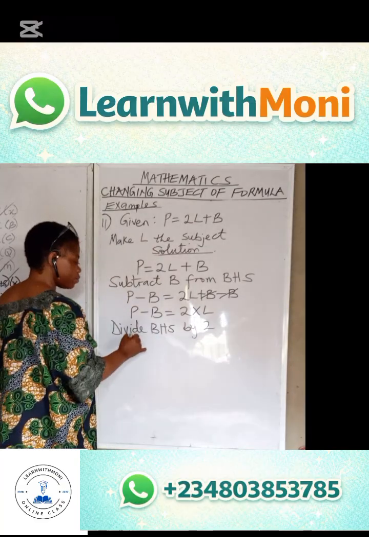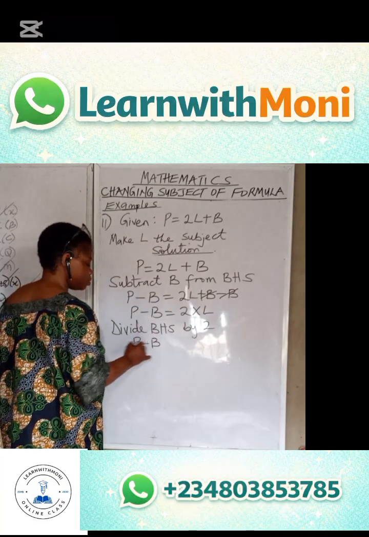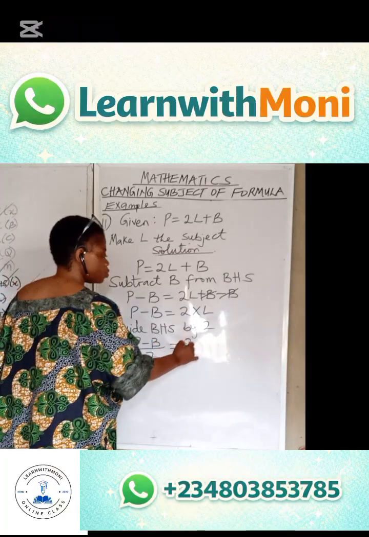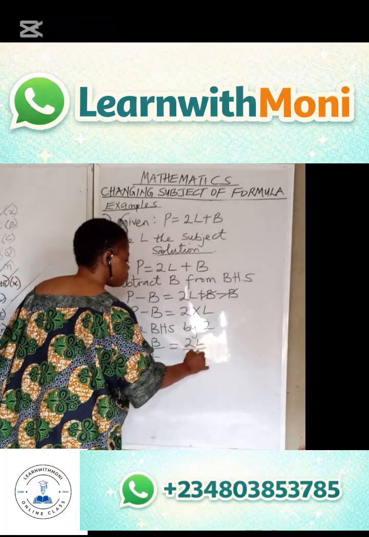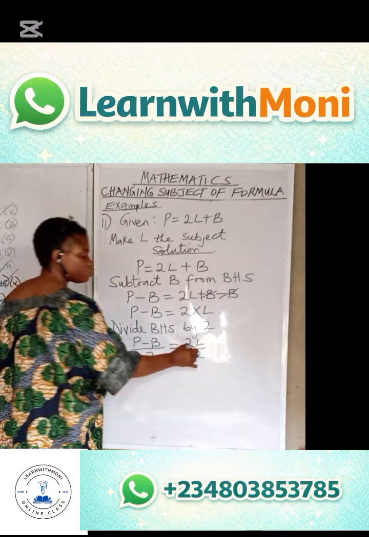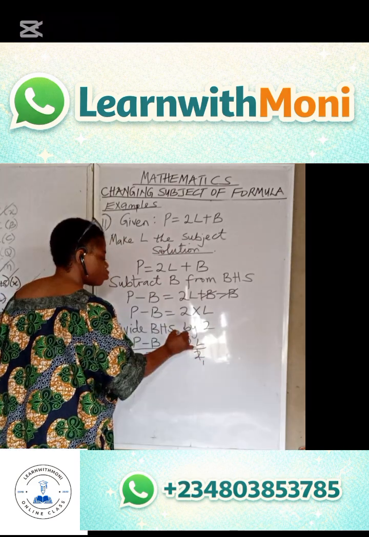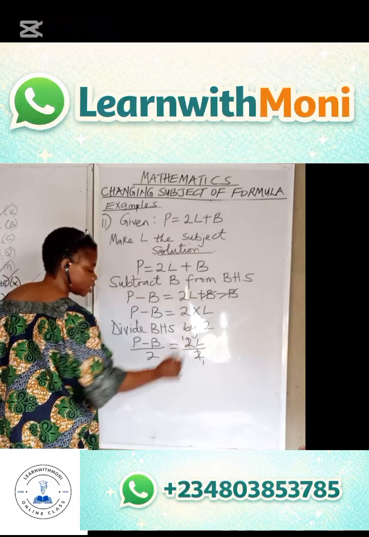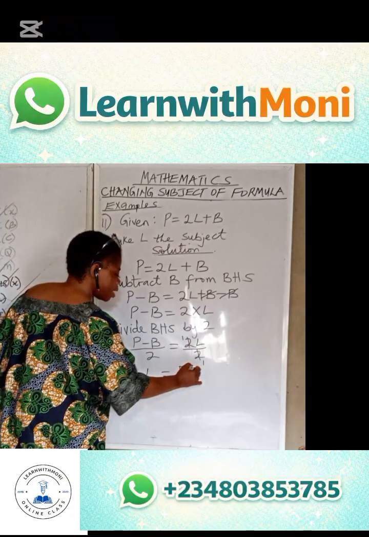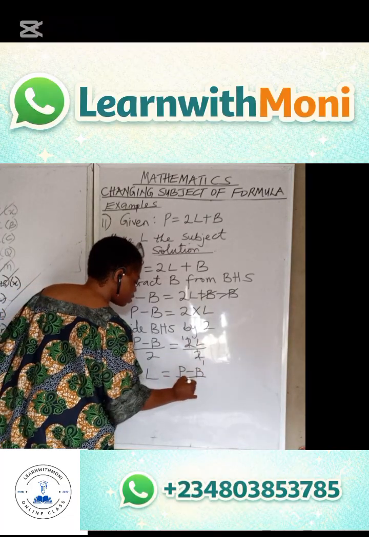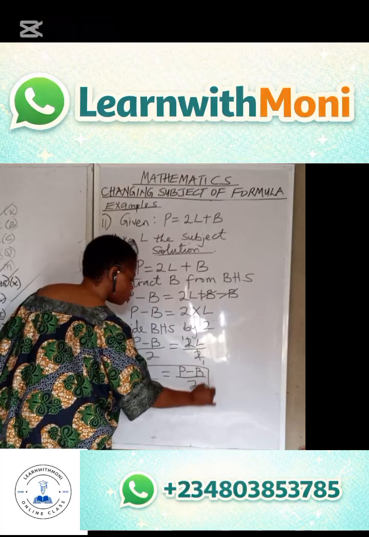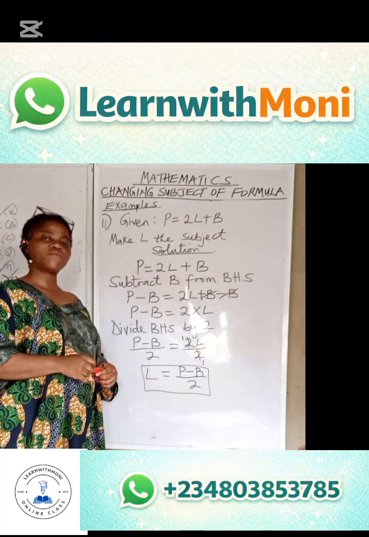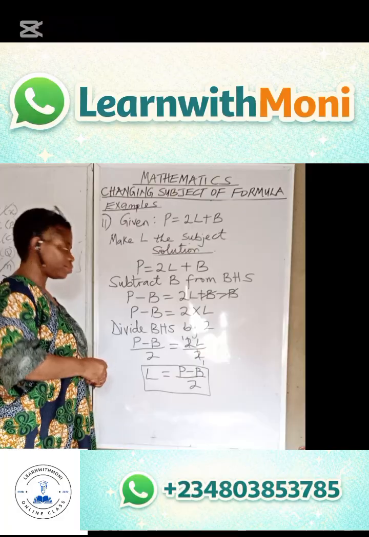This means we have P minus B all divided by 2 equals 2L divided by 2. 2 here 1, 2 here 1. So we have L equals P minus B, everything divided by 2. And with that, L is made the subject of the formula.